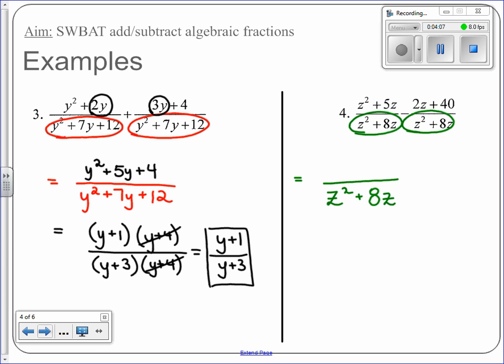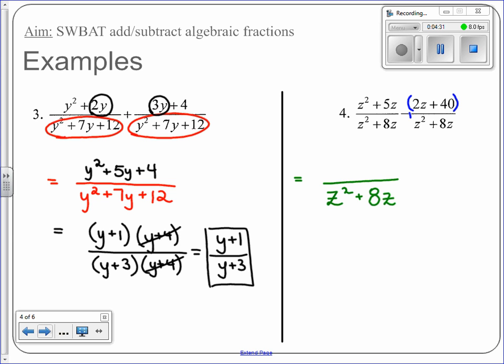But if you notice with the subtraction, what we have to account for is the fact that the second numerator, although those parentheses are not there, is technically grouped together. And if you remember, that minus sign is acting like a coefficient of -1.